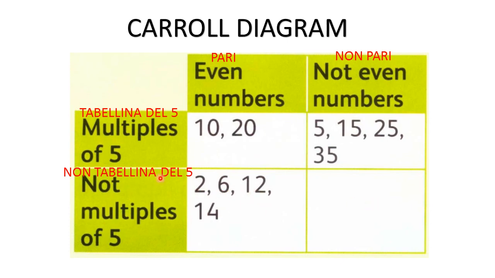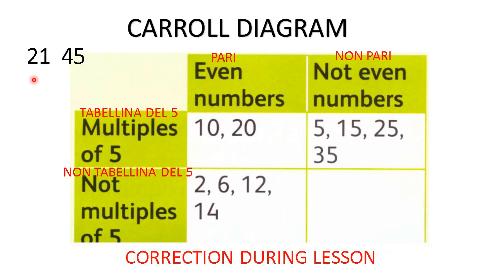In your exercise book, copy this table and insert these numbers in the correct place: 21, 45, 16, 30, 100, 27, 32 and 95.